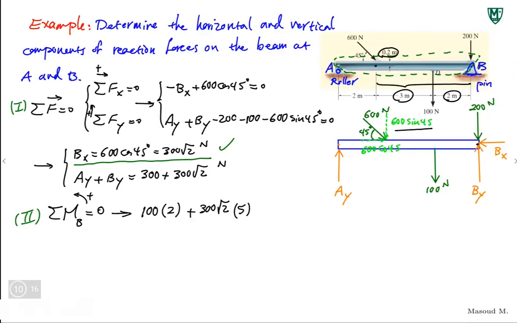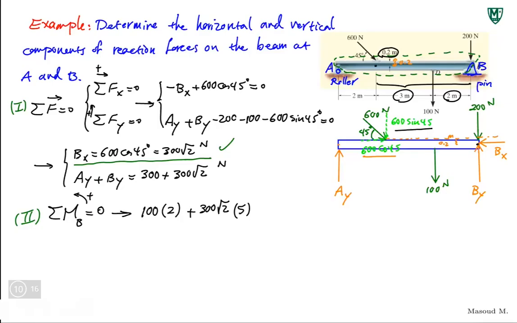I was just going all the way by myself, assuming that everything is correct. So the distance is actually given here as 0.2 meter. So technically now, I have to take that into account. This force, 600 cosine 45, its line of action, all the way to here, has some distance from point B, and that is 0.2 meters.